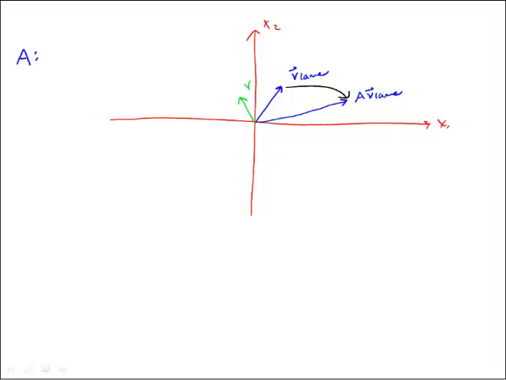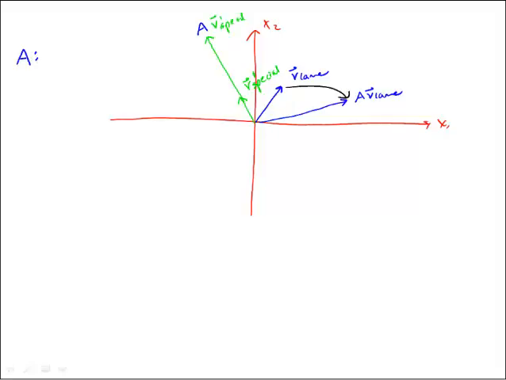So let's call this V1 special. This will be the first special vector. What happens when we act on V1 special with A? Well, it doesn't rotate it. All it does is maybe triple its length. So this is A times V1 special.